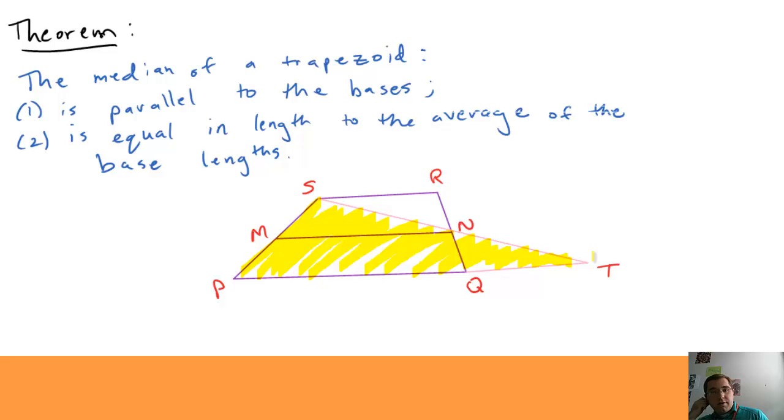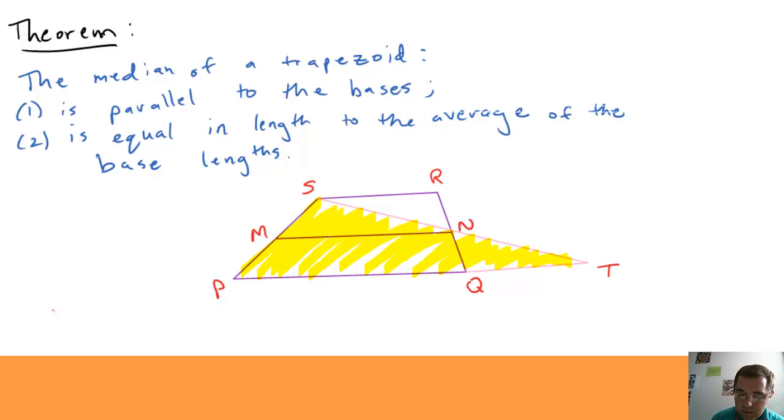That triangle should look familiar from section 5.3, where you have a segment that joins the midpoints of 2 sides of a triangle. And we had a theorem that said the segment that joins the midpoints of 2 sides of a triangle is parallel to the 3rd side.